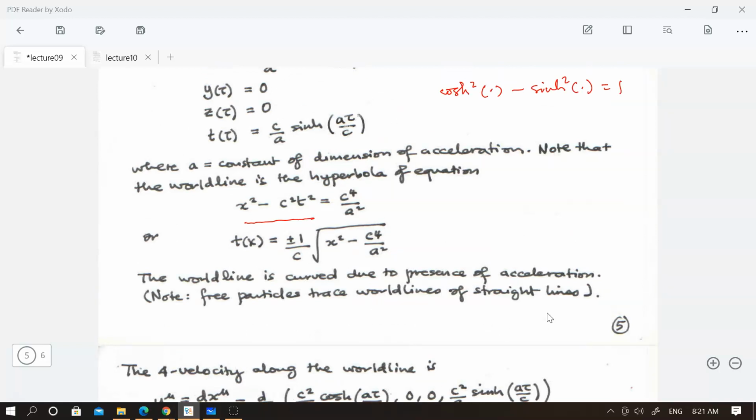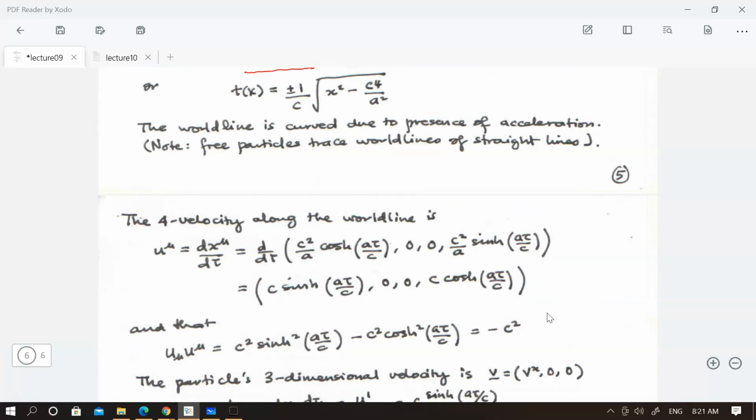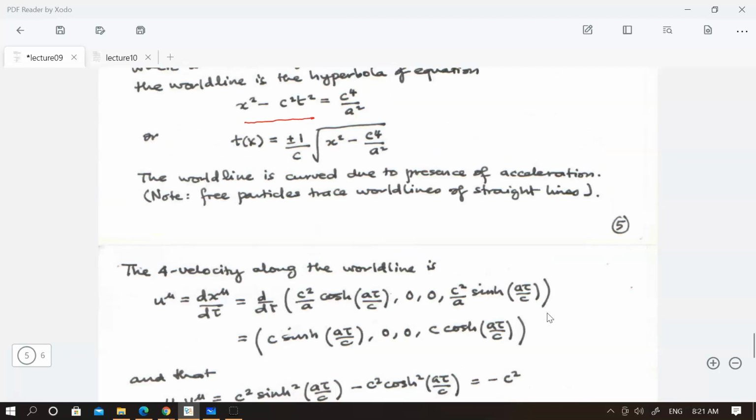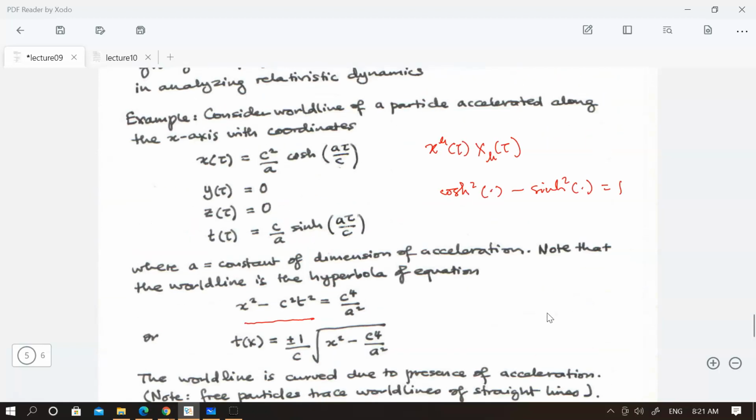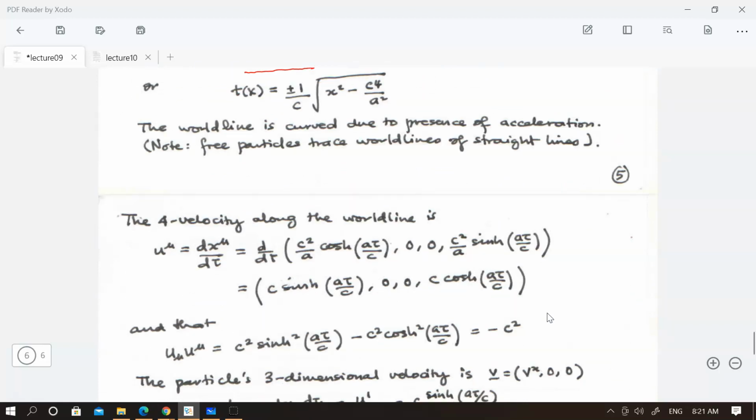In fact, you can calculate what it is in the following notes here. So for example, the four-velocity: you are already given the components here as a function of tau. So all one needs to do is just differentiate with respect to tau. You differentiate this part, which is the motion along x. Your y and z is not given as a function of tau, so that's 0 here.